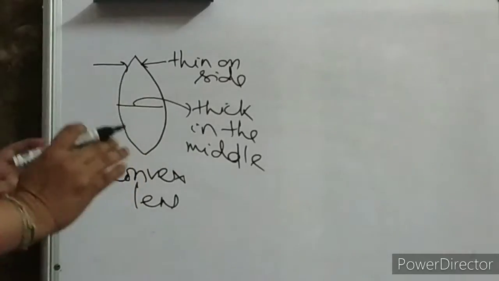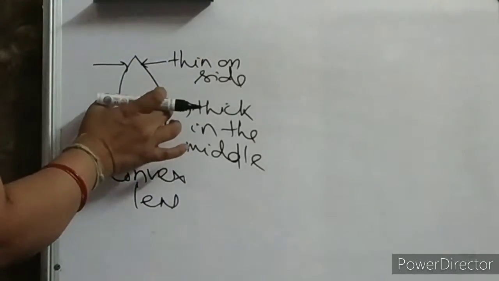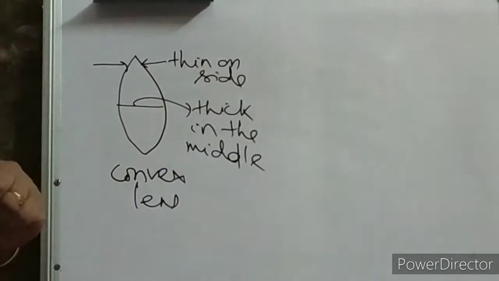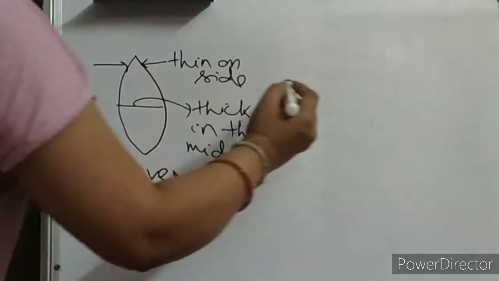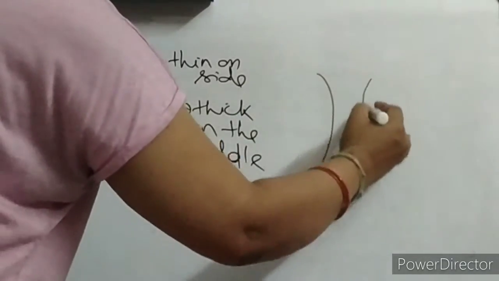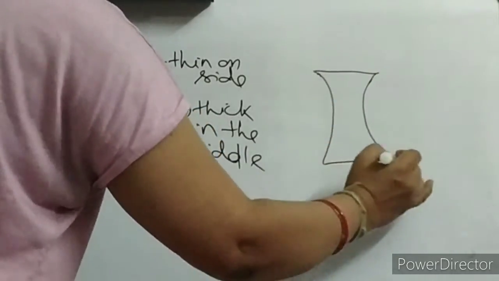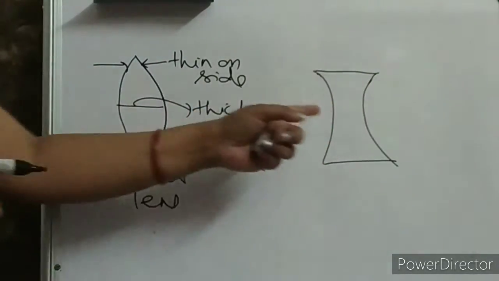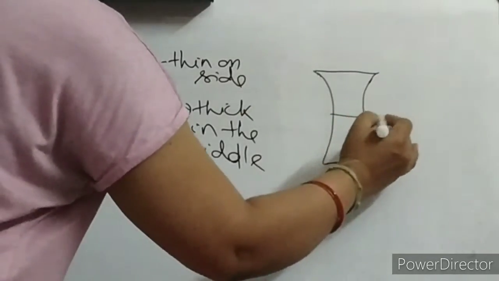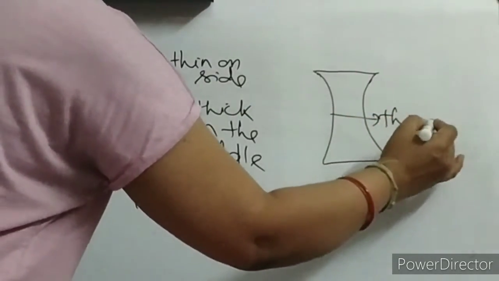So convex, see, both the sides are bulging outwards. What is concave? This is concave. It is thin in the middle.